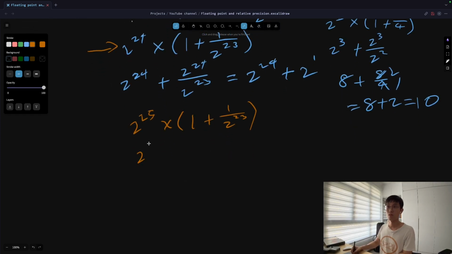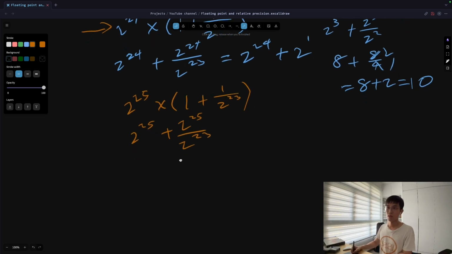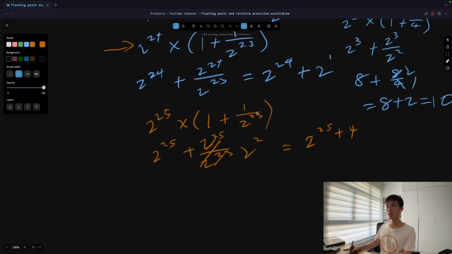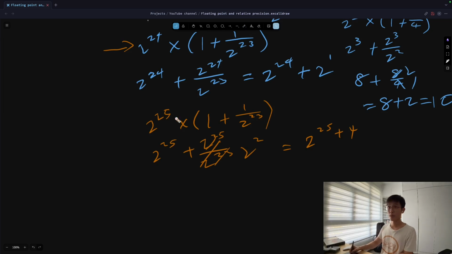You get 2 to the 25 plus 2 to the 25 over 2 to the 23, which if you simplify, is plus 2 squared, which is 4. So that means every increment in the fraction where the exponent k is 25 is an increment of 4.